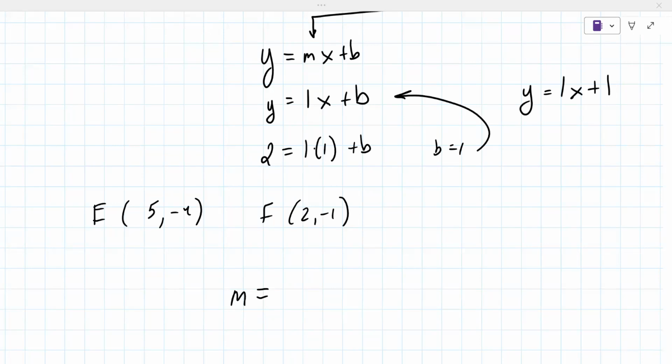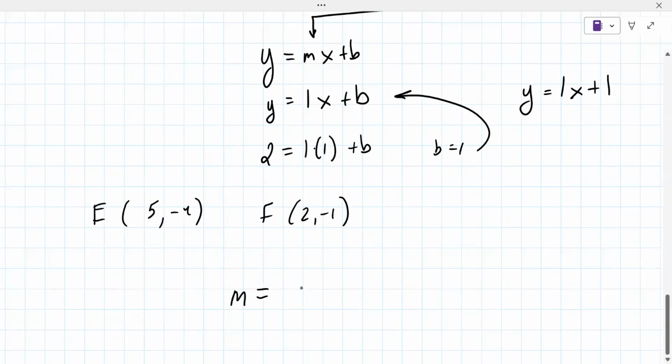I got -5 over 3, which actually, it's negative over negative, so it becomes positive, right?